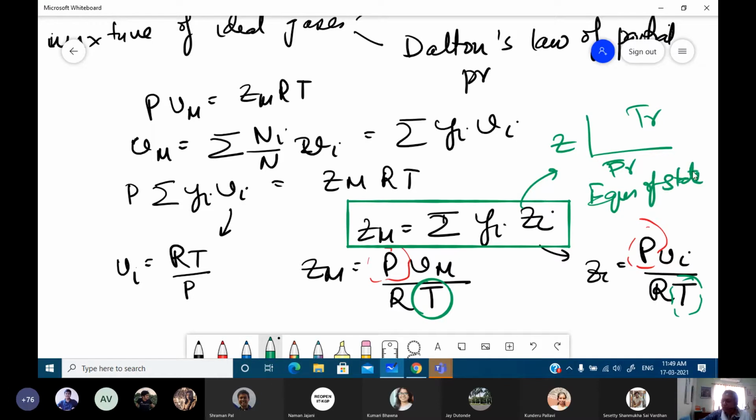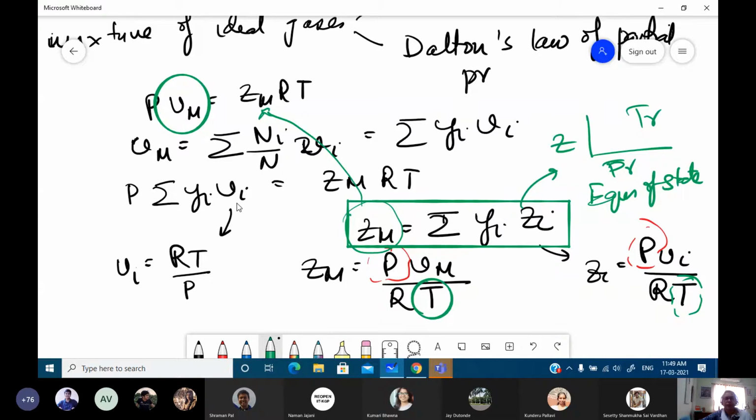Once I know the compositions, I can find Zm. Once I find Zm, I can substitute it here and find Vm. Once I find Vm, I can find all other properties like H mixture, S mixture, in fact fugacity of the mixture. I can find out everything.